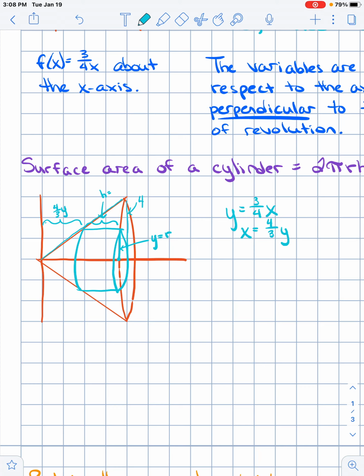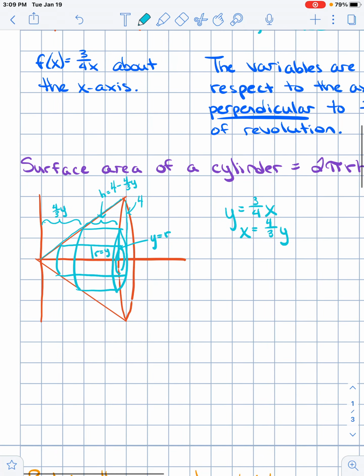So that means the height of my cylinder is going to be 4 minus 4/3 y. If I were to draw one of those other nested cylinders in here, the radius is still some y value, and the height is still 4 minus 4/3 y.